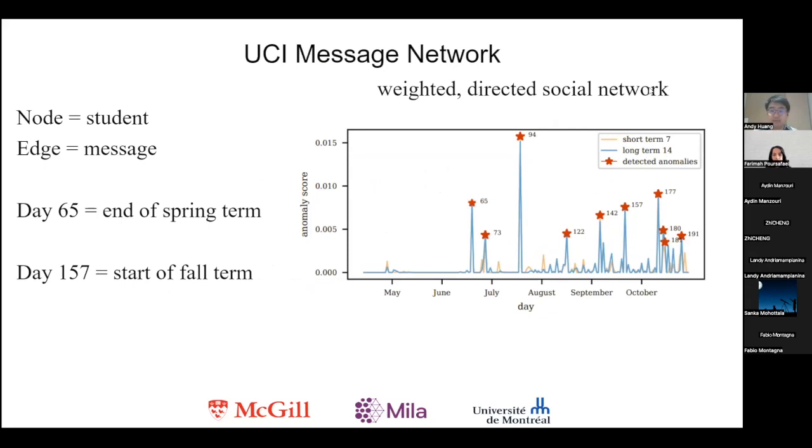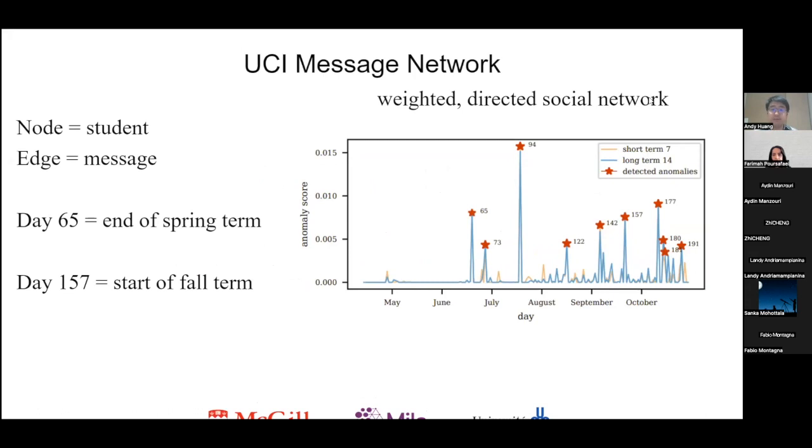So for the first example, we see the UCI message network, where the nodes are the students and the edges are the messages they send between the students. And the network is tracked over a period of roughly 6 months. And the anomalies are detected as follows.